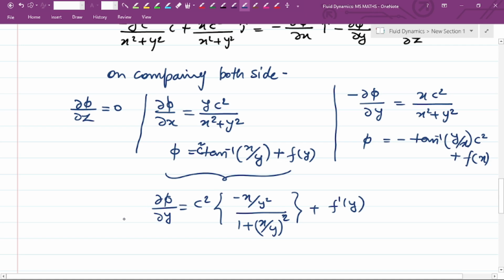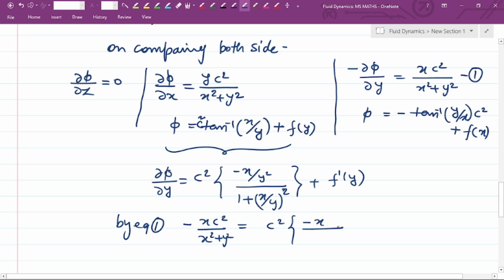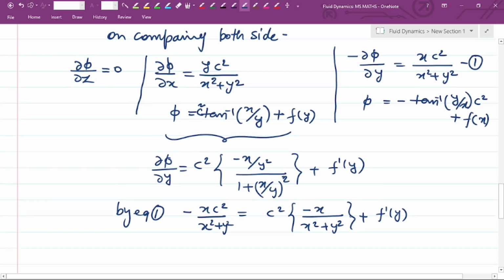We have the value of dou phi by dou x. What is it from equation 1? By equation 1, dou phi by dou x is minus x c square upon x square plus y square, which after solving equals minus x upon x square plus y square plus phi dash y.